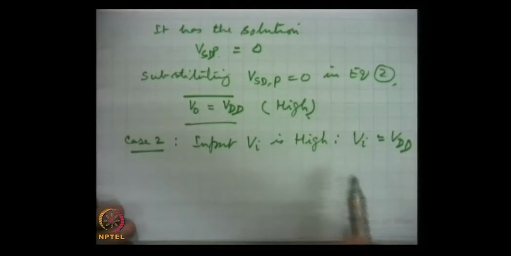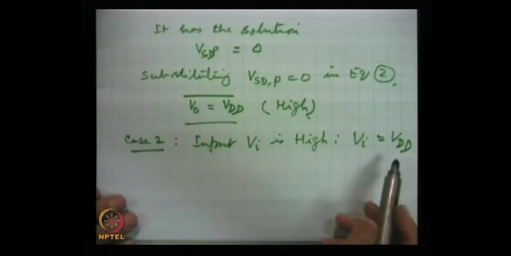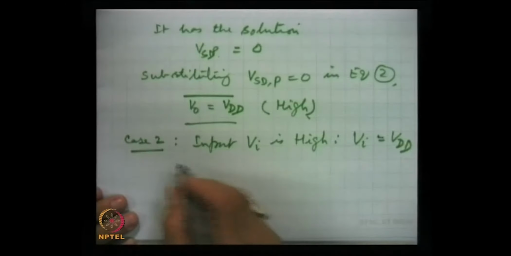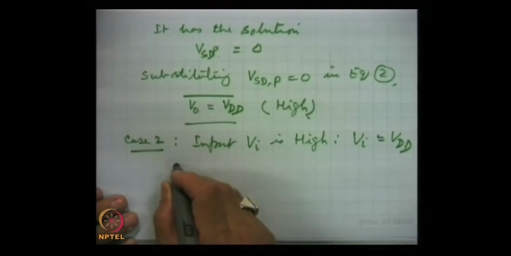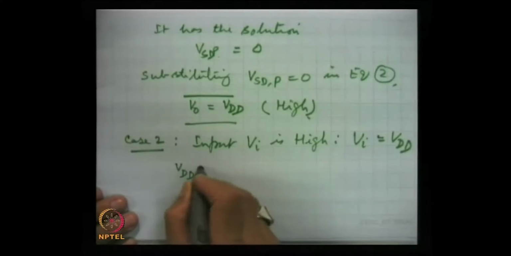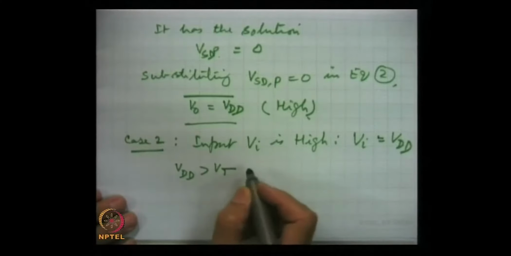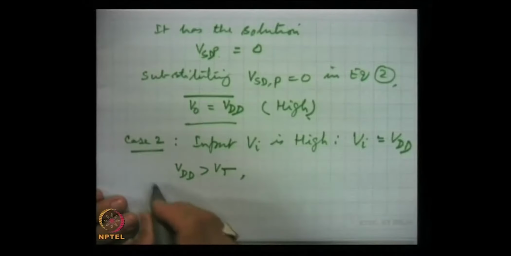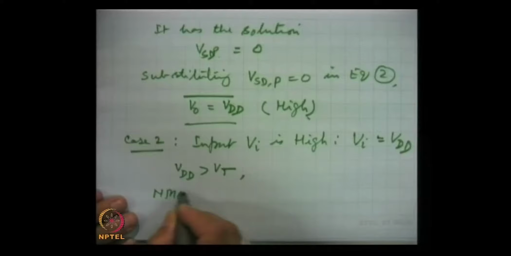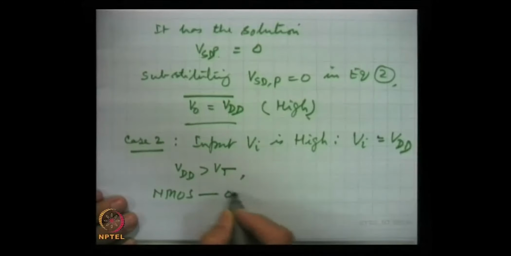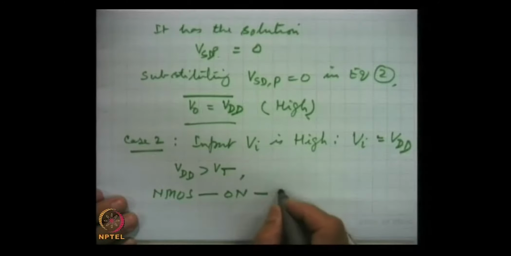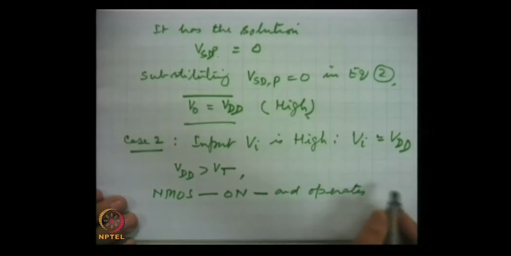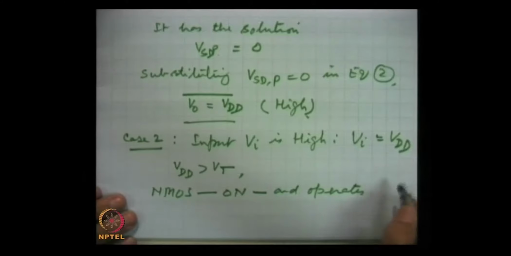So, under this condition, when Vi is VDD and VDD is greater than Vt, in this case NMOS will be on and it operates in the linear ohmic region.